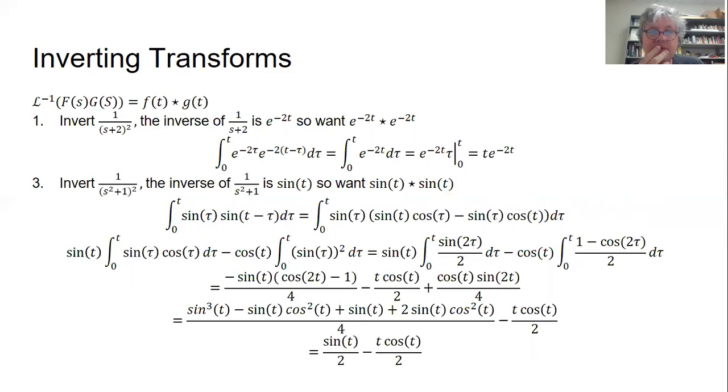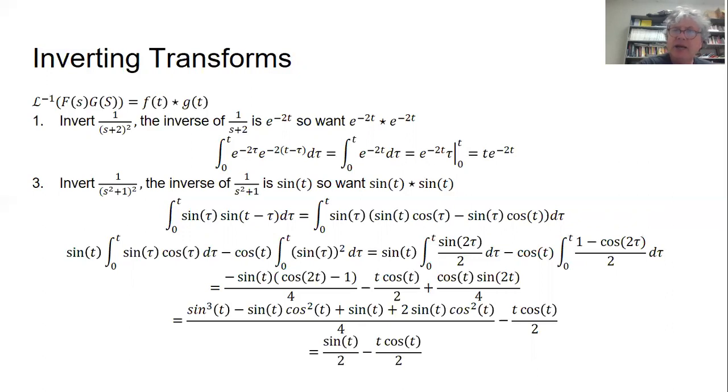So you're just left with the integral of e to the minus 2t, but it's an integral with respect to tau, right? So e to the minus 2t is a constant, and its antiderivative is e to the minus 2t times tau. Then you evaluate that between tau equals 0 and t, and you've got t e to the minus 2t, which we knew was the answer.